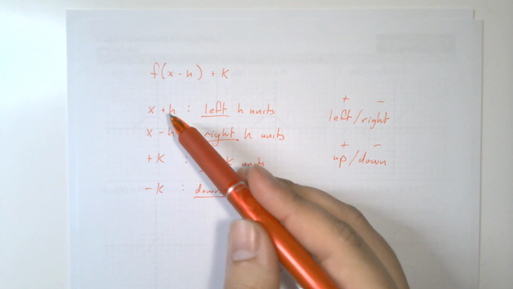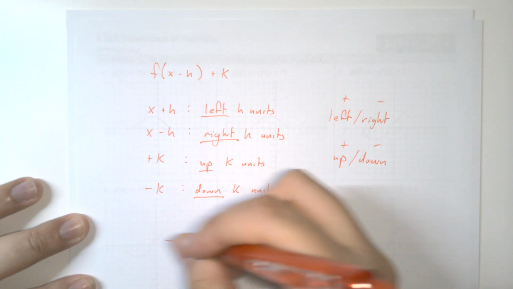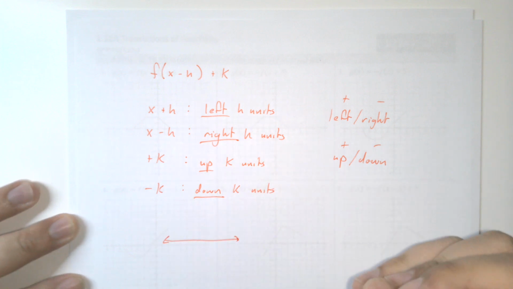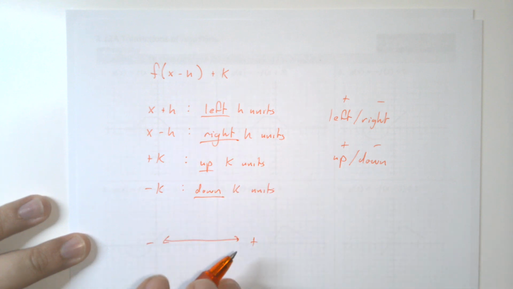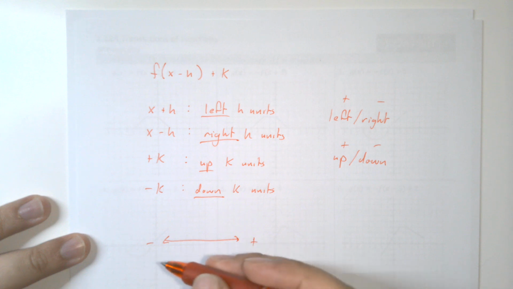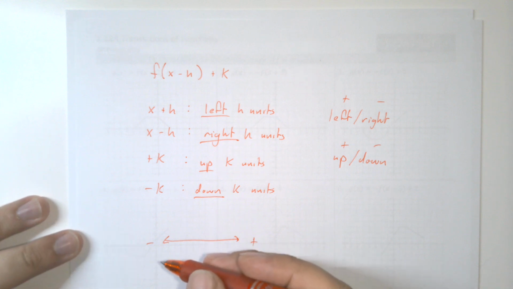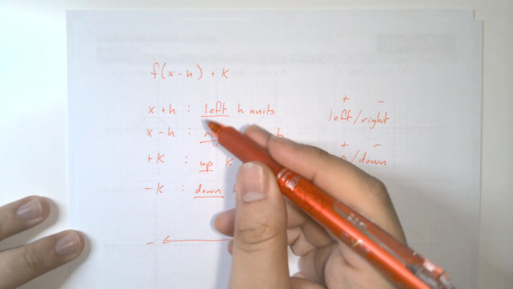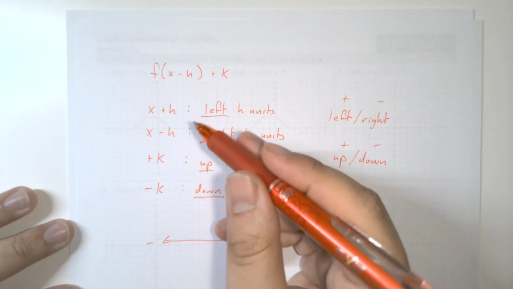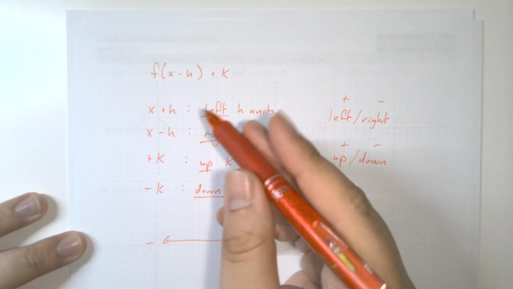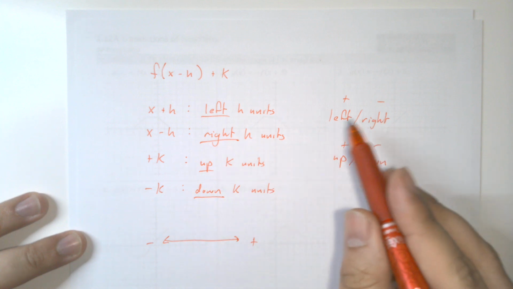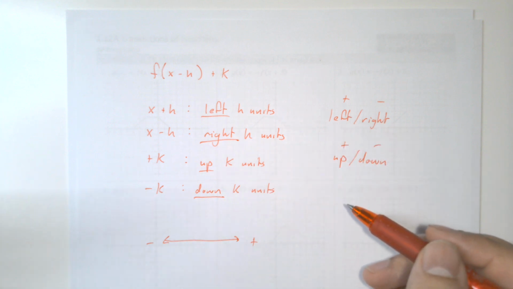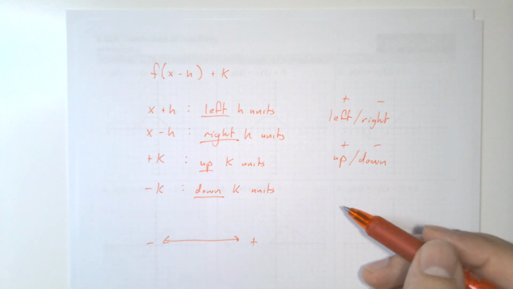But usually when we're thinking about direction on the x-axis, we associate the right with the positive direction and the left with the negative direction, but it's counterintuitive when we're doing translations. If we want to remember that, plus minus, left right, that's how I do it at least. So I figured I'd share that with you.